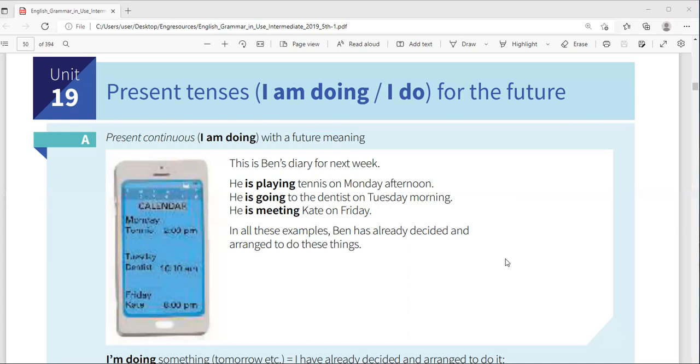Present continuous also includes those actions that are not going on at the time of speaking. For example, Mohammed, he's building a house in a place called maybe Kilometer 4.